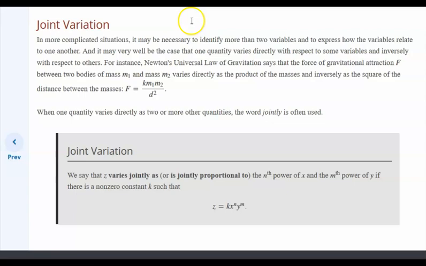Now, our next type of variation is when you start combining things, and this is referred to as joint variation. Now, the general formula for joint variation is this, and they're giving you other background items, so take a moment to pause and read this.